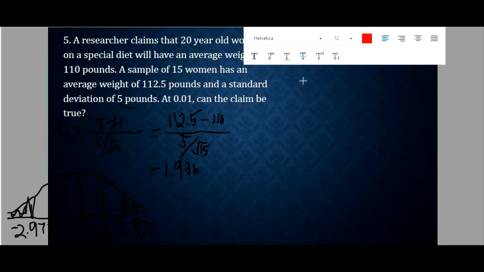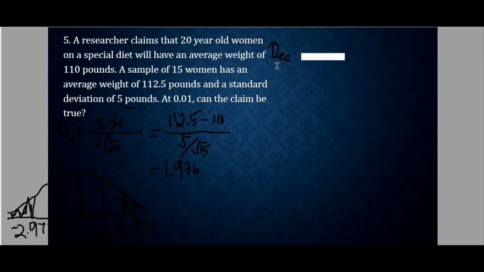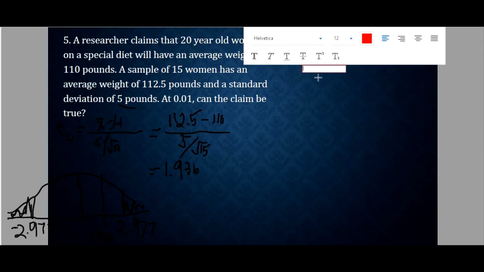Our decision here is do not reject, or you may simply say accept H0. Do not reject H0 since the t computed does not fall within the rejection region. So it does not fall within the critical region.